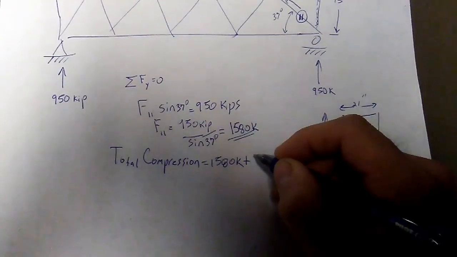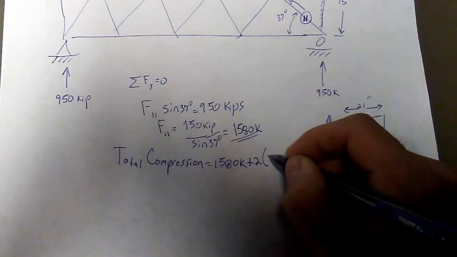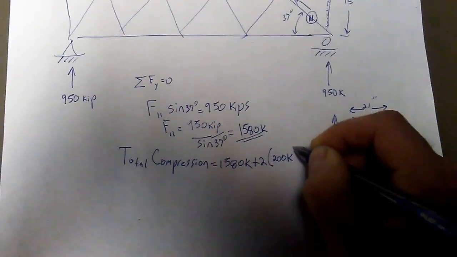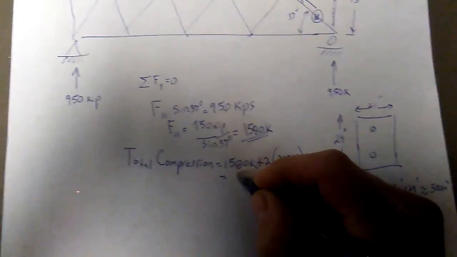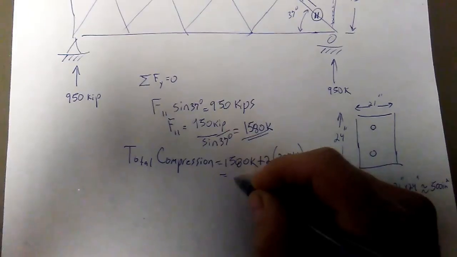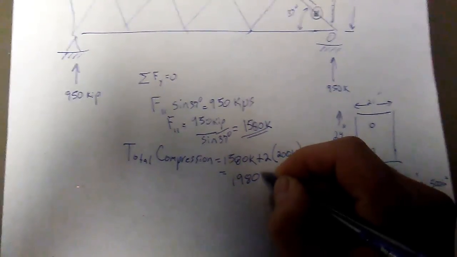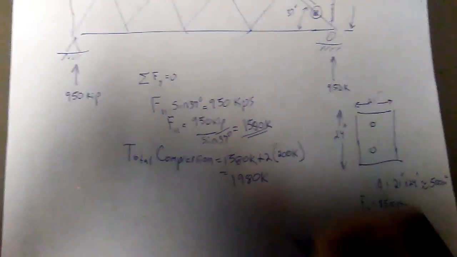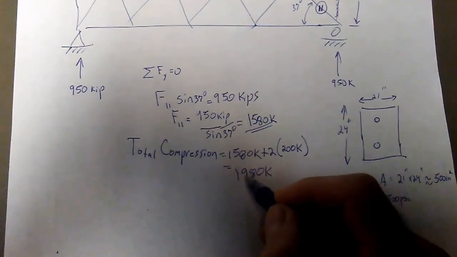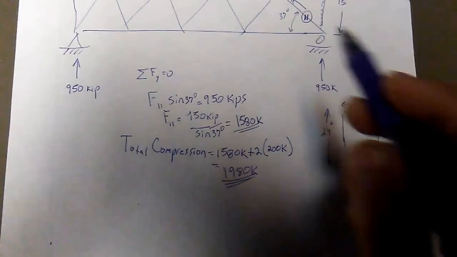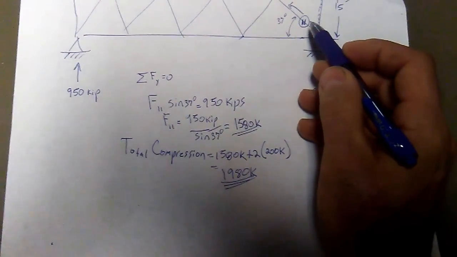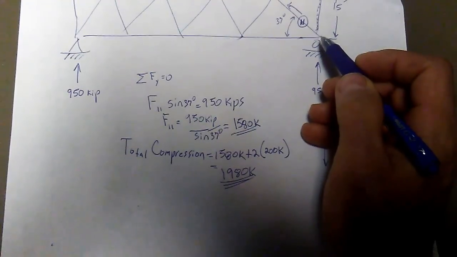And we have 2 bars. So 2 bars times 200 kips per bar is 400. And that total now is 1,580 plus 400. That's 1,980 kips.